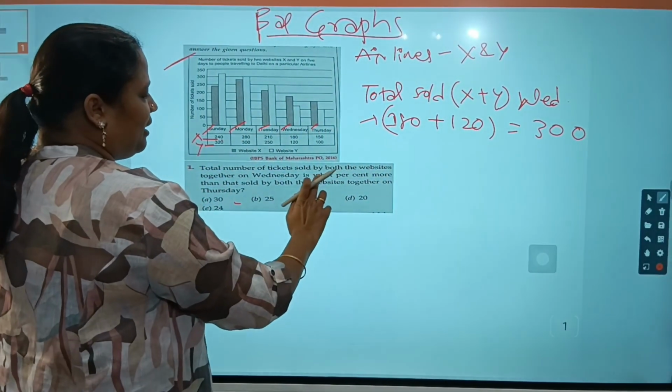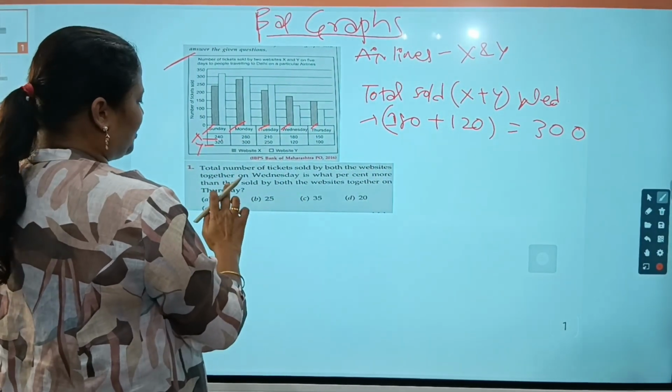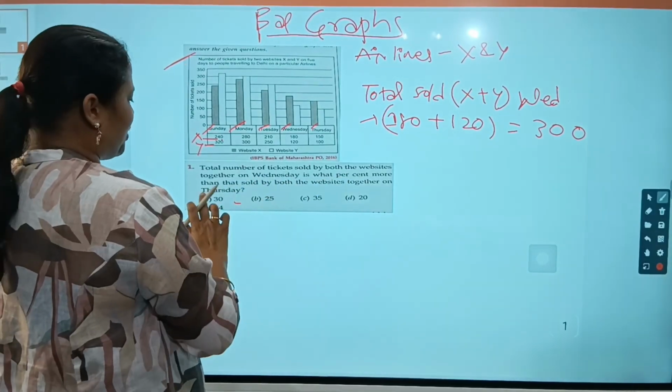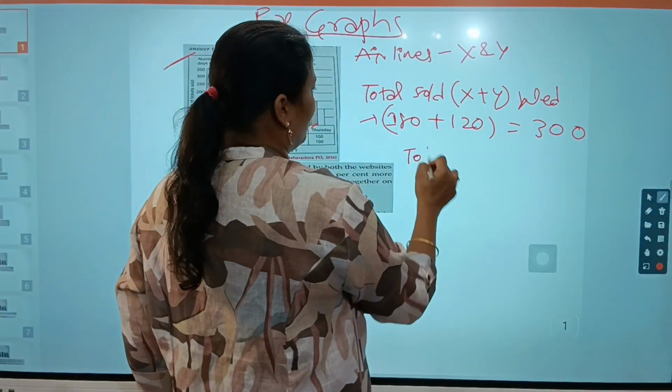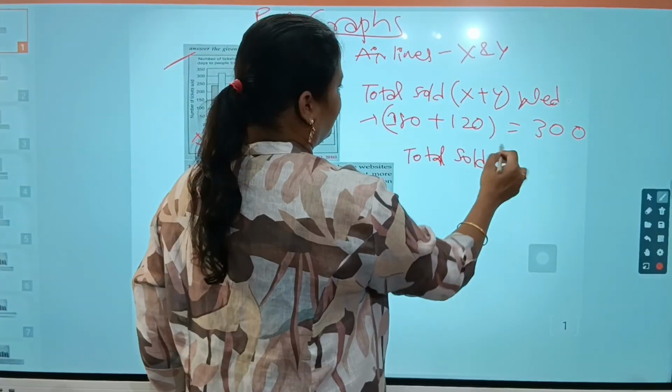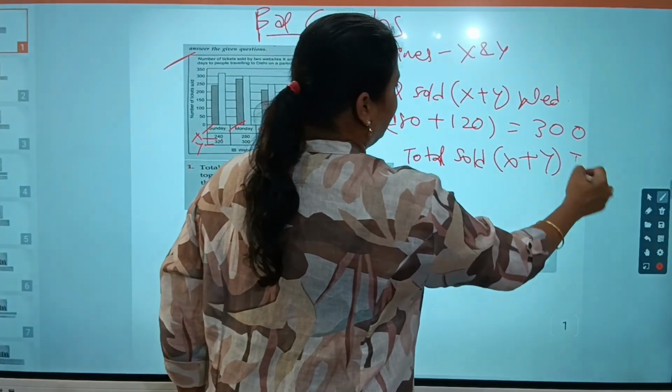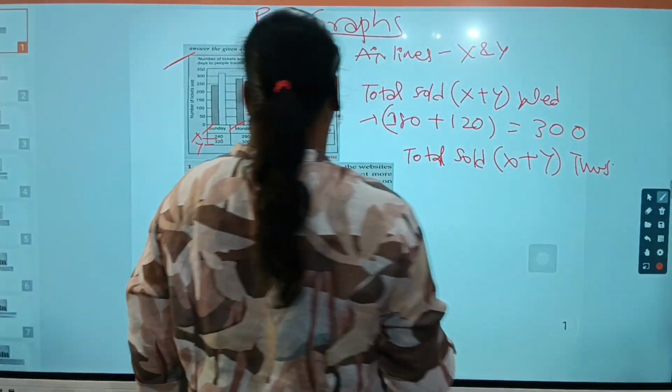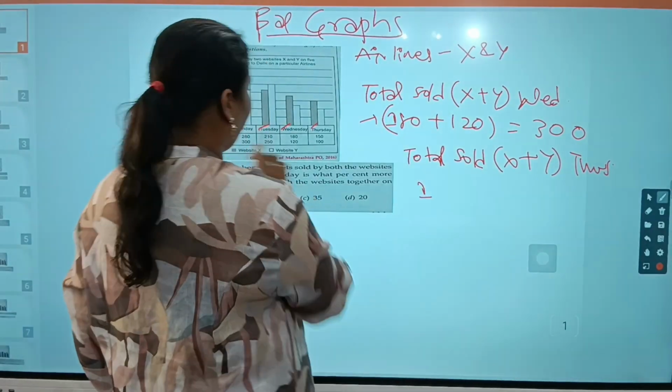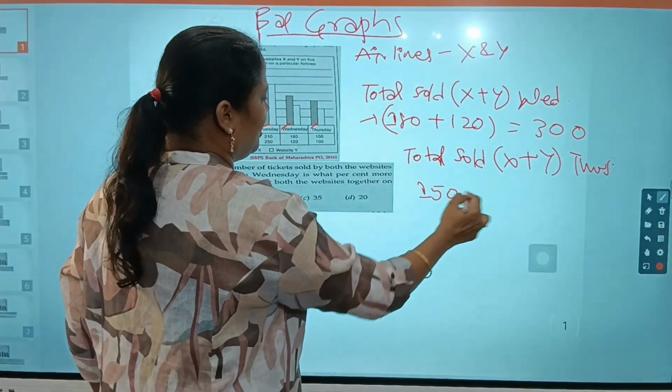And that is what percent more than the total sold by X plus Y on Thursday. We have to find this value, that is 150 on Thursday.